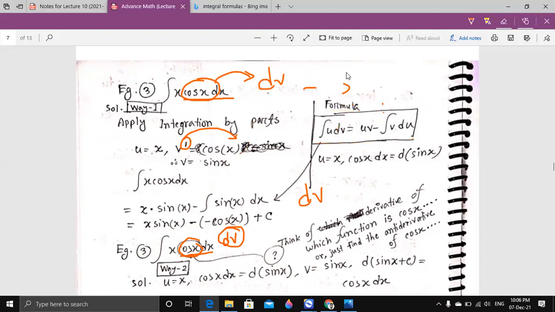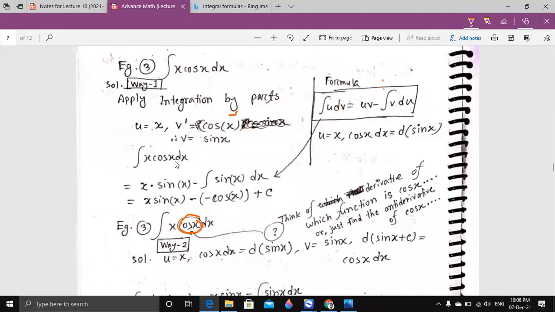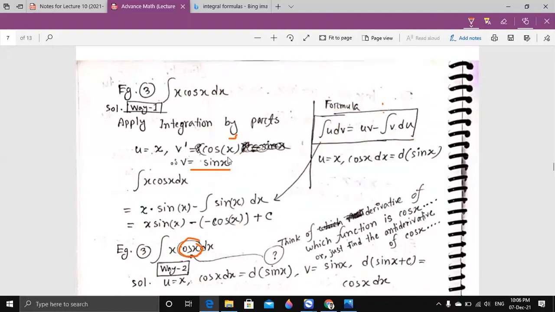So next we have something like this. We convert it like sin x, so we will get the integration of cos x dx. This will be the integration of x d sin x. Am I right?